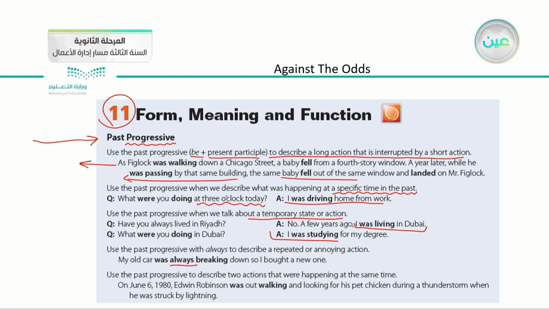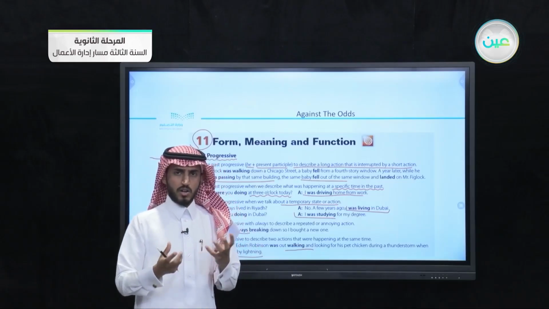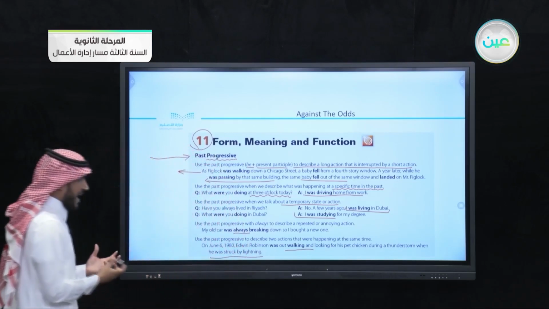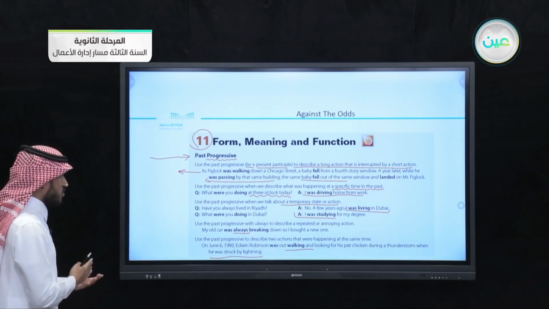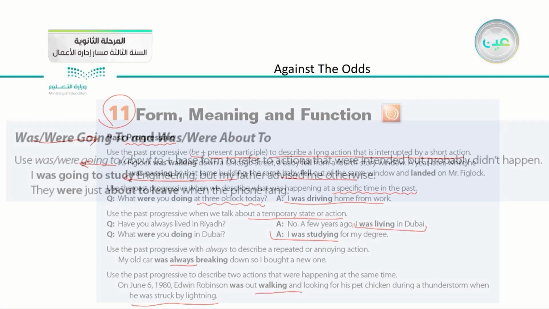So he was out walking and at the same time he was struck by lightning. Two actions happened at the same time. This is one of the situations where we use the past progressive.